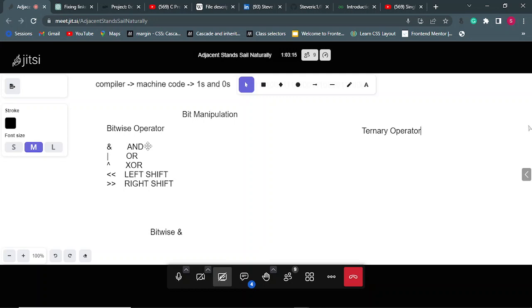The ternary operator returns bytes, while the bitwise operator returns bits, ones and zeros. Your ternary operator might return true or false. You understand what true and false are, but your machine does not.